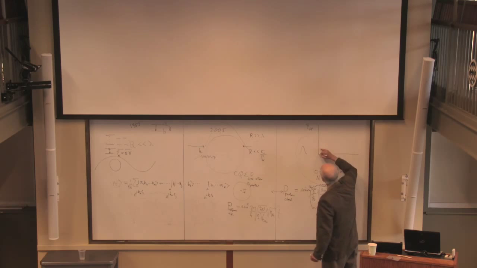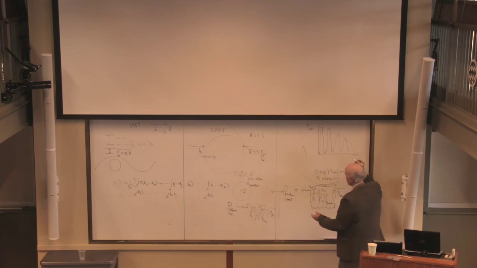So it's giving me something which is ringing at a period which is not the Rabi frequency, but this collective frequency.